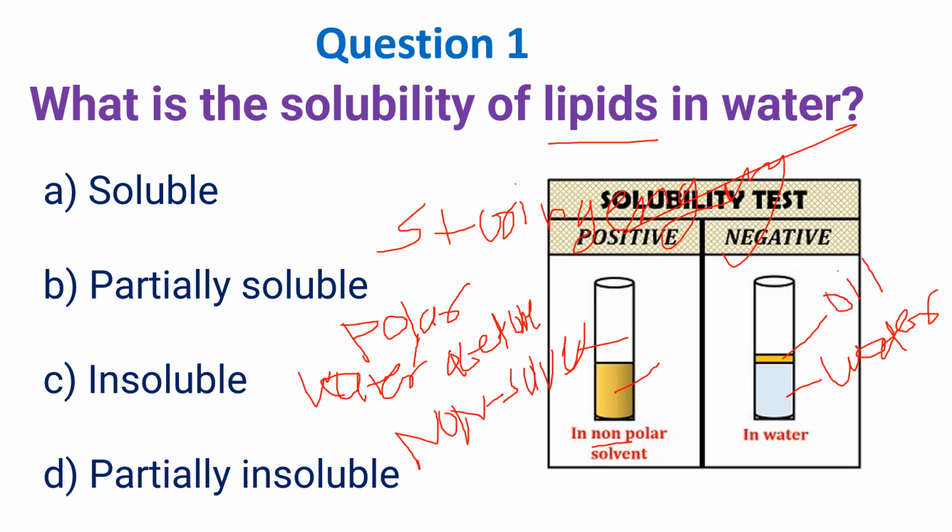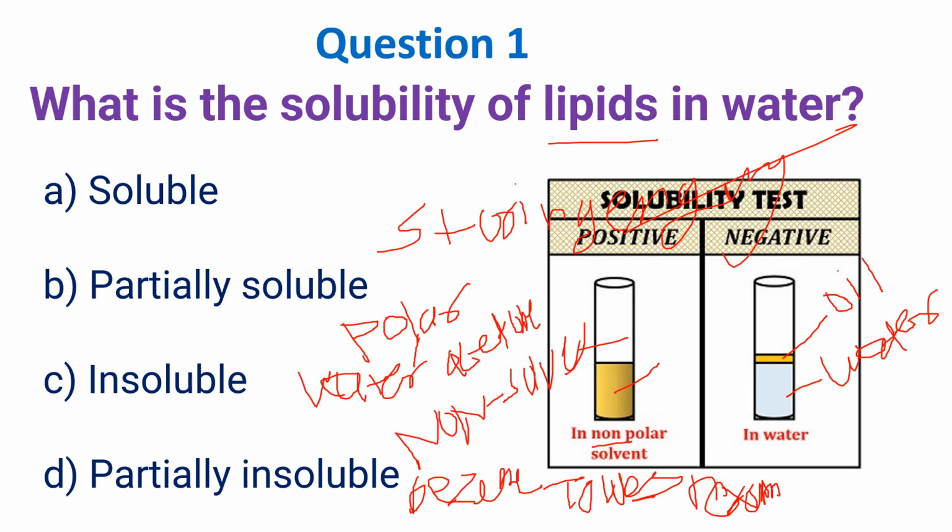Examples of non-polar solvents are benzene, toluene, xylene, and hexane, chloroform and diethyl ether.